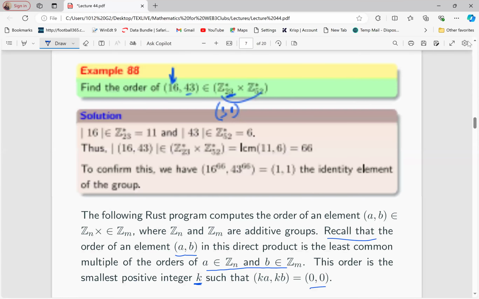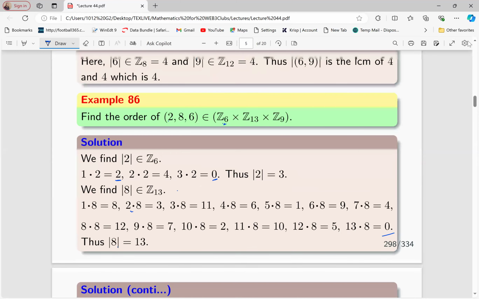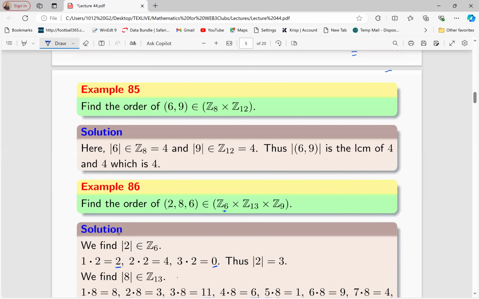I can just show you again using this example, the order of 2, in this additive group. This is a shorter way than the one I'm using here. The order of this 2 in this group is the order of the group, which is 6, over the GCD of 2 and 6.